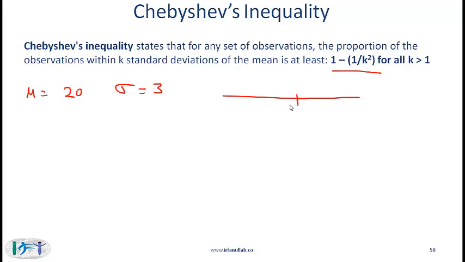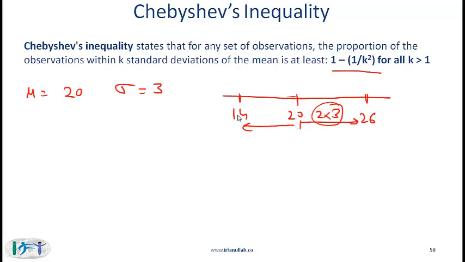So we know that our mean is 20. Two standard deviations to the right of the mean would be 2 multiplied by the standard deviation number, which is 3. So that is 6. 26 is 2 standard deviations to the right of the mean, and similarly 14 is 2 standard deviations to the left of the mean.